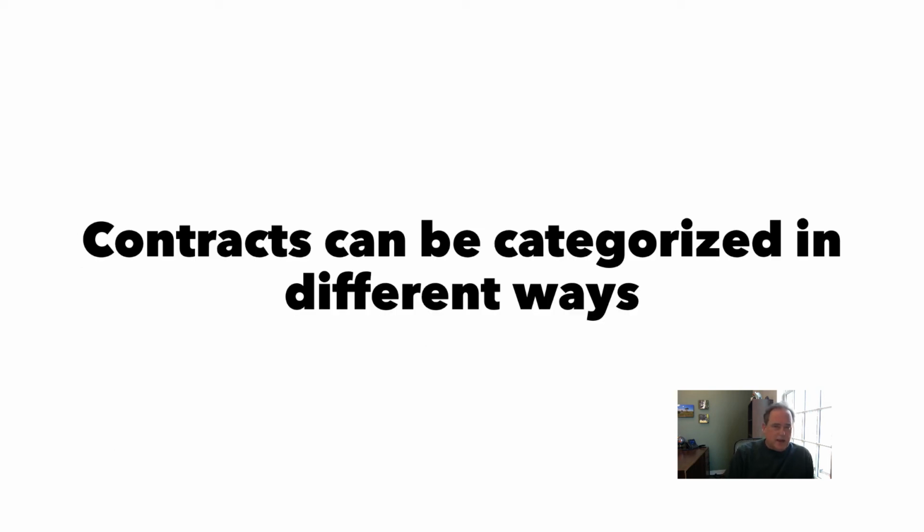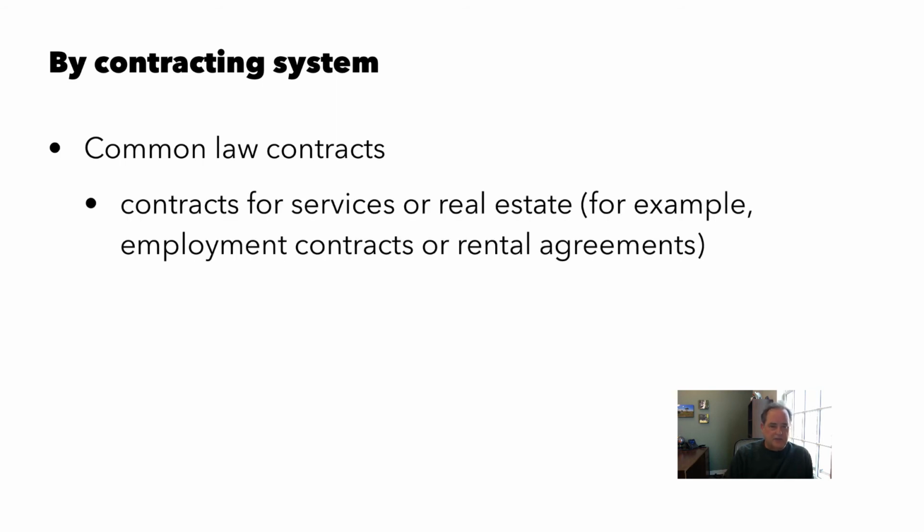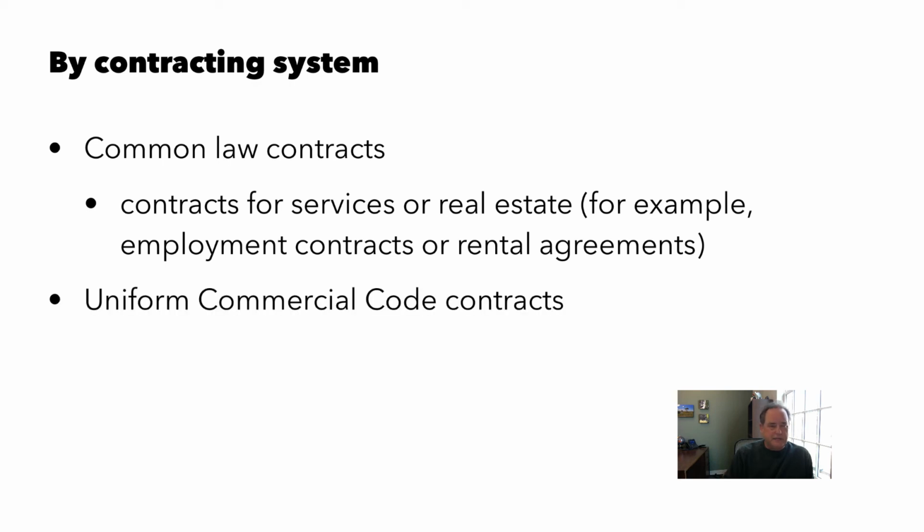Now, there's other ways that we can categorize a contract. First of all, by contracting system. We've already talked about common law contracts, which are contracts for things like services or real estate. Employment contracts or rental agreements are always common law contracts. Or it could be UCC contracts.